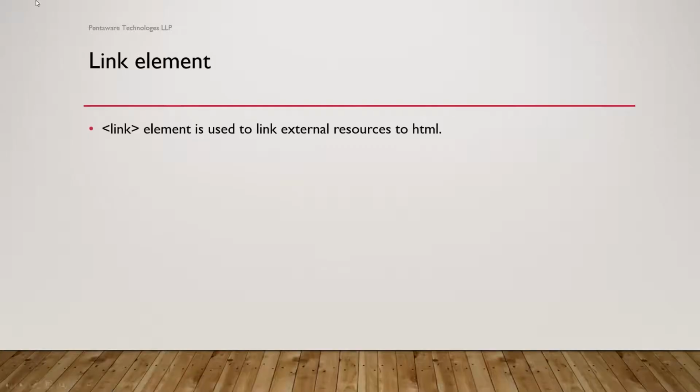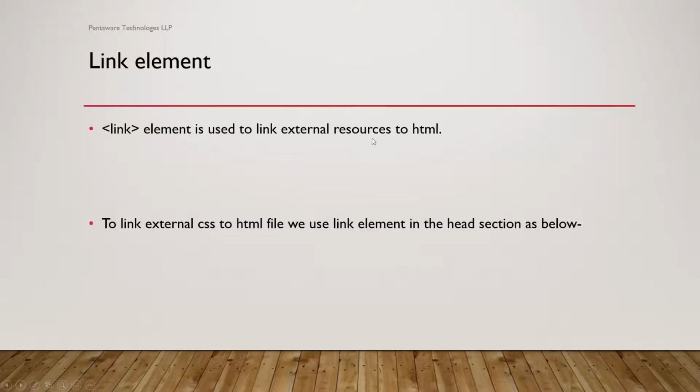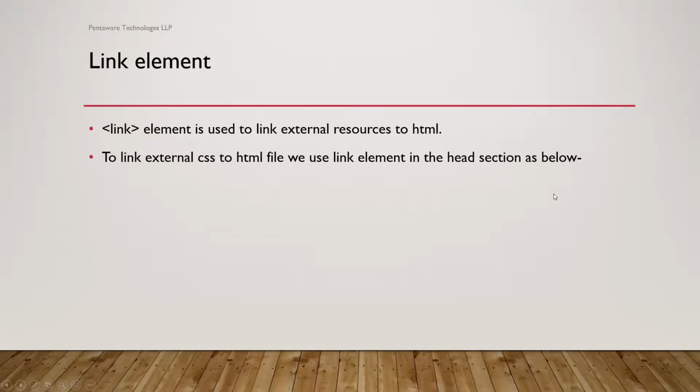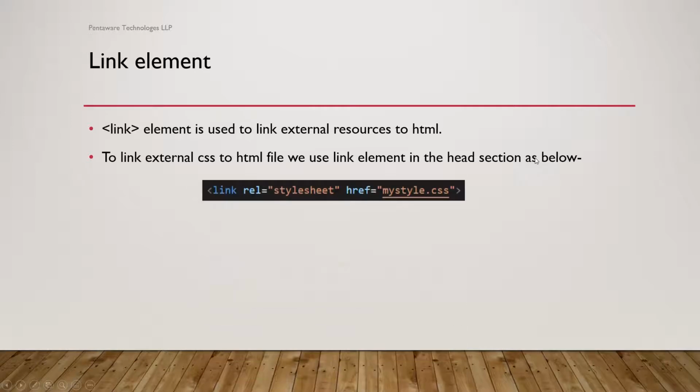For that purpose, the link element comes into the picture. The link element is used to link external resources to HTML. To link external CSS to an HTML file, we use the link element in the head section as below: link rel equals stylesheet, then href, which is the location of the CSS. So we'll do similarly in the code.